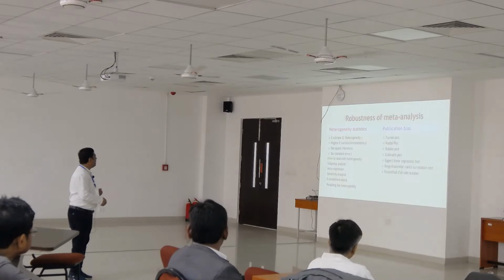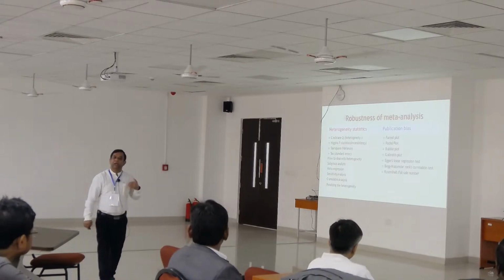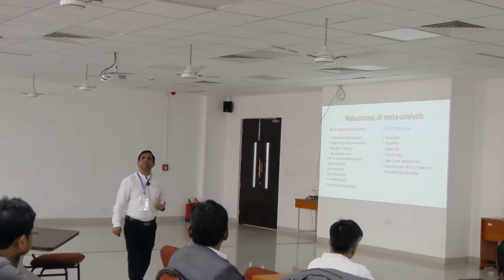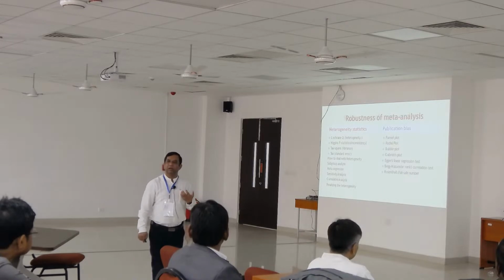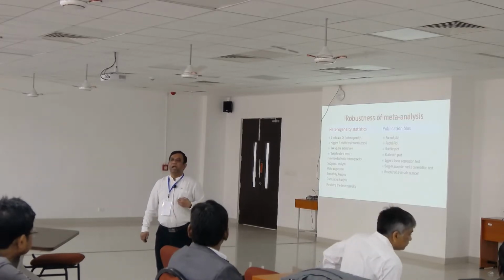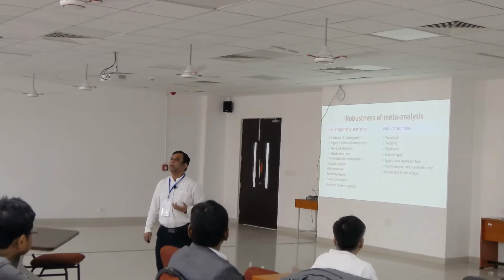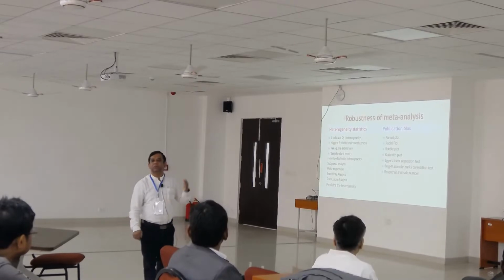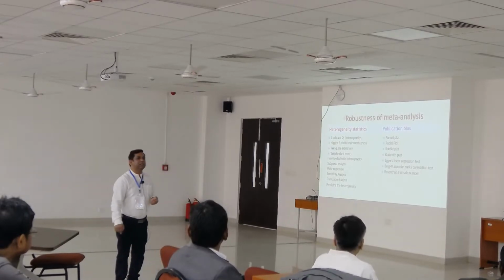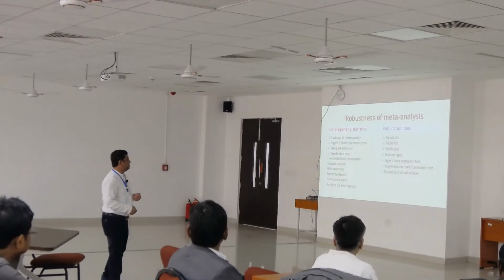Then sensitivity analysis and cumulative analysis. If heterogeneity is still not completely explained, we have to finalize the effect size based on the heterogeneity. For this, we do a separate analysis known as trial sequential analysis.